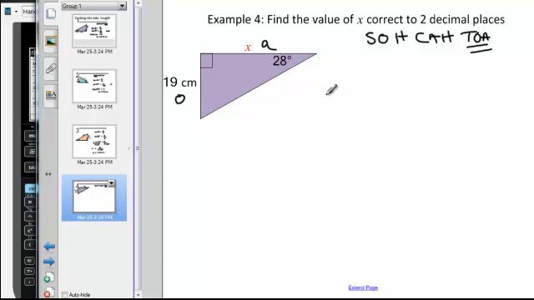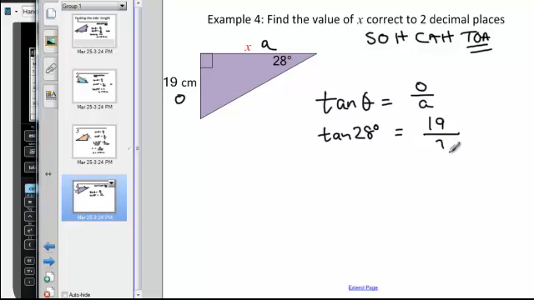So let me write out my ratio. Tan of theta is equal to the opposite over the adjacent. The angle is 28 degrees, so tan of 28 degrees is equal to the opposite, which is 19, over the adjacent, which is x, which is what we're trying to find out.